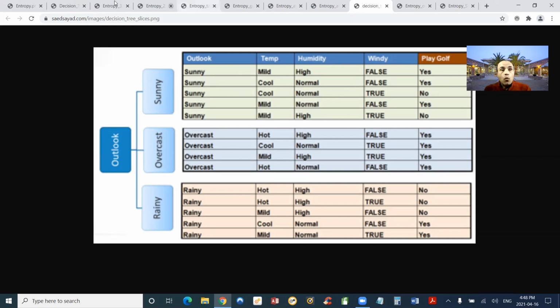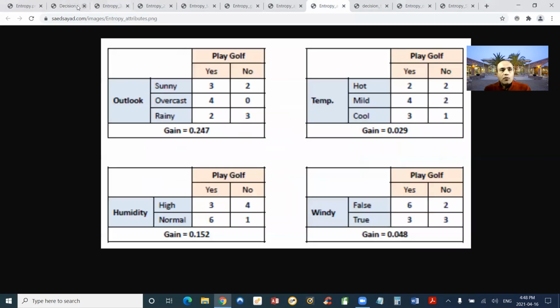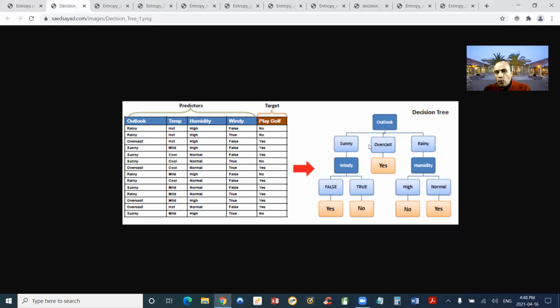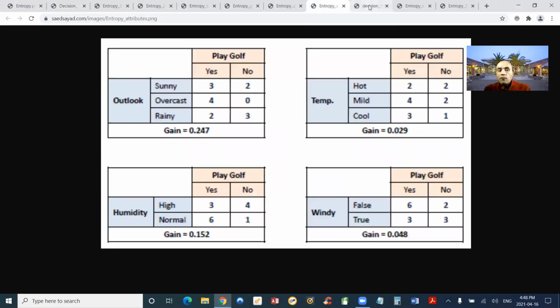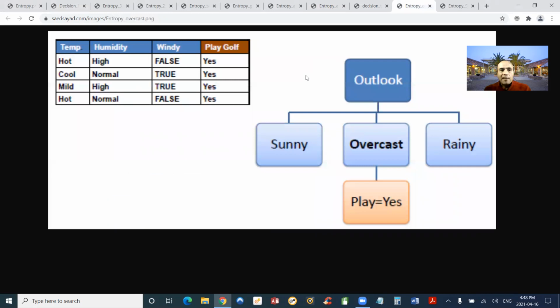Remember, in the original decision tree, you were looking at play golf. Now the next stage, you're actually going to relate outlook and windy, outlook and humidity, and so on. So that's what we are going to do. We are actually going one stage further, and we're going to see the relationship. And then as you go in, you're going to make decisions.